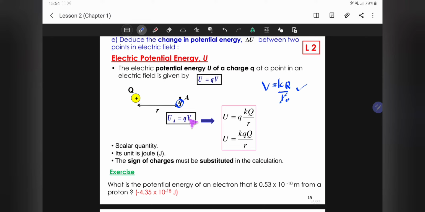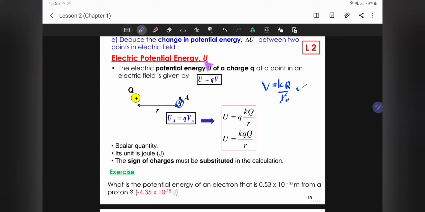As we know, VA equals KQ, the magnitude of our isolated charge, over the separation R. So you will get the equation U equals KQq over R. Again, small q represents our test charge here. Q is the isolated charge, and R is the separation between these two charges.